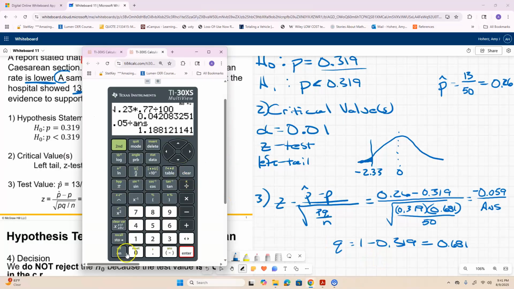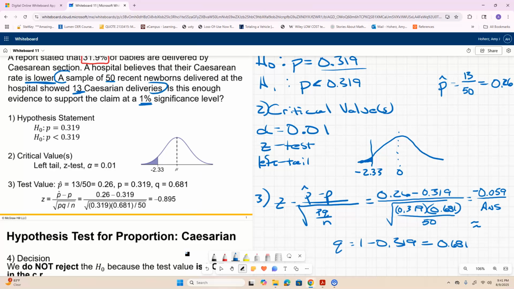So we've got the square root of 0.319 times 0.681 divided by 50. We have that answer, and so then we take negative 0.059 and divide that by that answer, and we get negative 0.895.